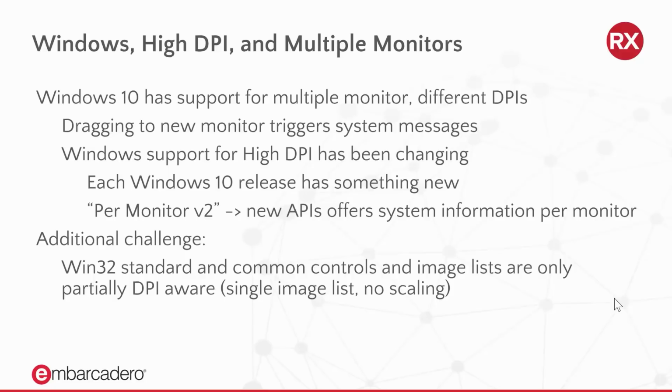That includes new APIs that allow you to ask for system information, for example, the size of a scroll bar, per monitor, so for the monitor the form is displayed on. You could be tempted to say per control, but that's not correct because Windows manages the information at a form level, not at an individual control level, so at a main form level. This support that Windows provides doesn't solve all of the challenges.